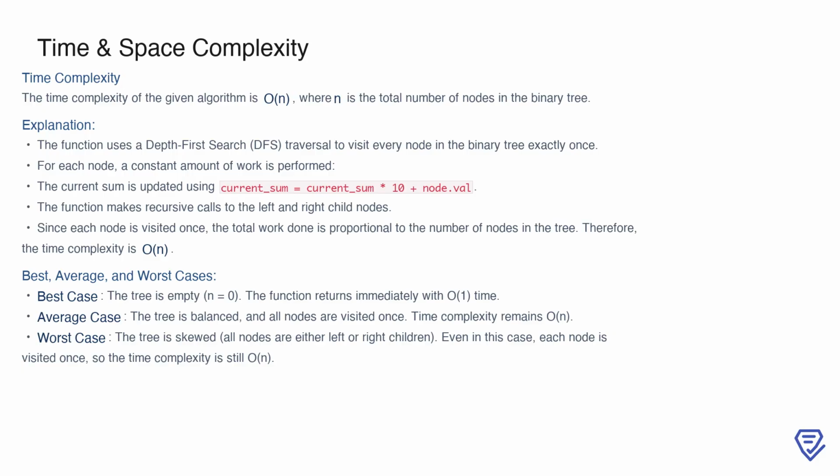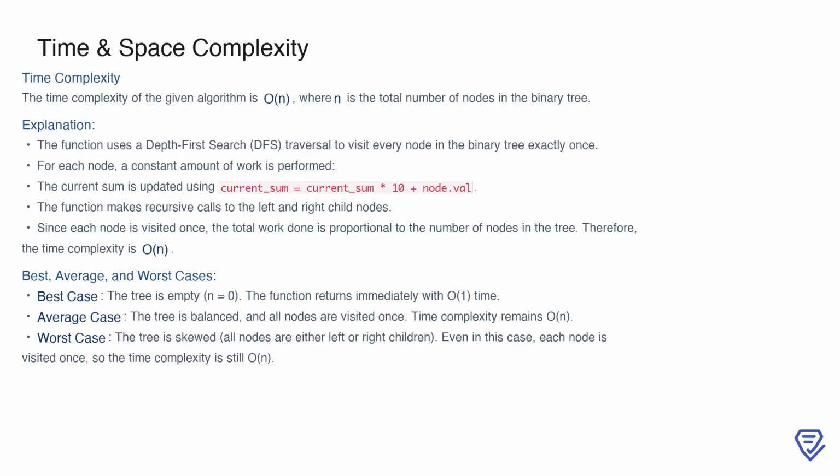Specifically, the algorithm updates the current sum using the formula current_sum equals current_sum * 10 + node.val and then makes recursive calls to the left and right child nodes. Since no node is revisited, the total work is directly proportional to the number of nodes, leading to a time complexity of O(n). In the best case, where the tree is empty, the function terminates immediately with O(1) time.